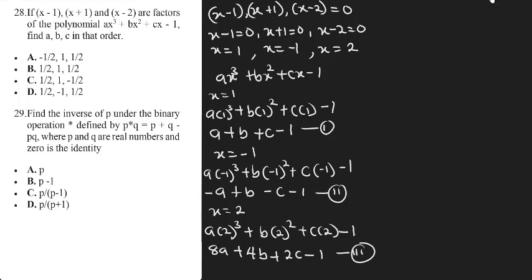So now we're going to use the method of solving 3 simultaneous equations. So we have 3 equations now. You are allowed to choose or combine any 2. So we can use equation 1 and equation 2, or equation 1 and equation 3, or equation 2 and equation 3.